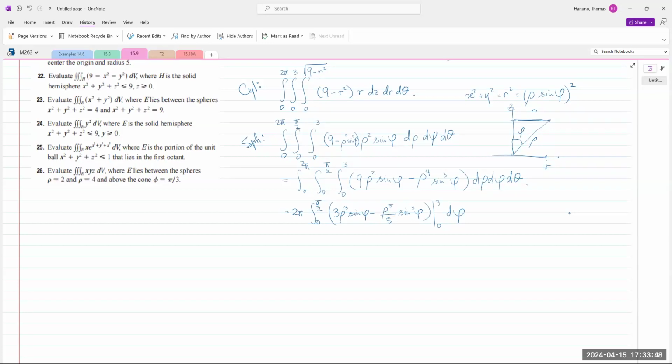So that will be 27 times 3, 81. So the integral from 0 to pi over 2 of 81 sine phi minus 81 times 3, 243 over 5 sine cubed phi d phi.